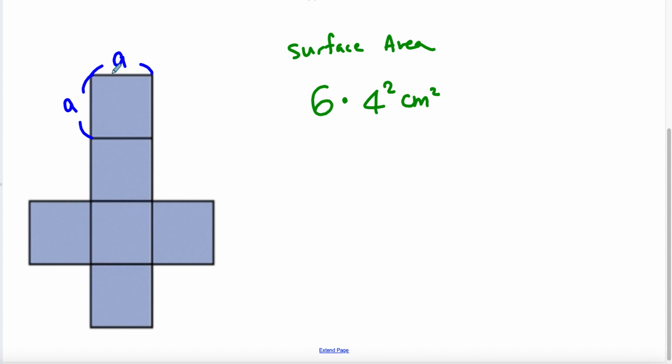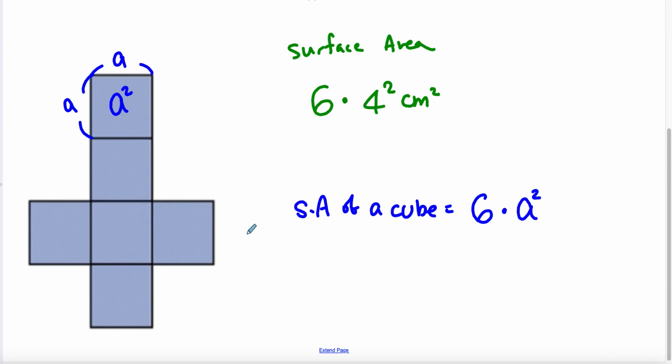A square has all equal sides. So we know that the area of one square will be A squared, and there will be 6 of them. So you can say that the surface area of a cube is 6 times a side. A is the side length, A squared, and you can put the square unit there.